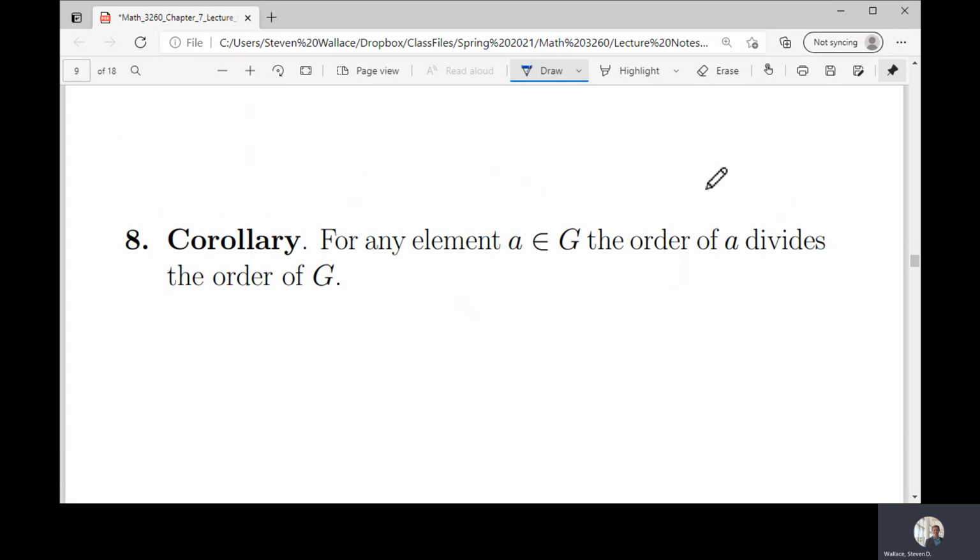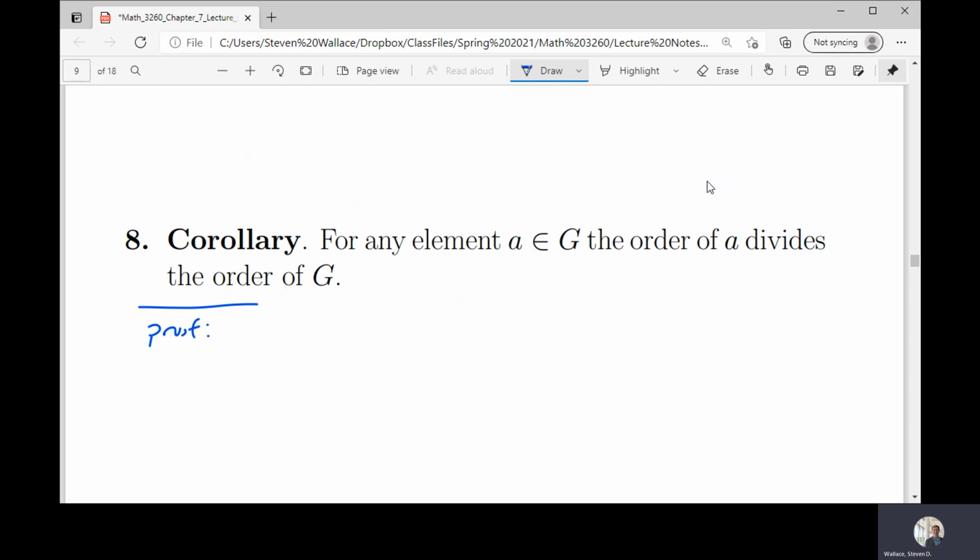And so the corollary to Lagrange's theorem that's pretty interesting and important is that the order of an element must divide the order of the group.